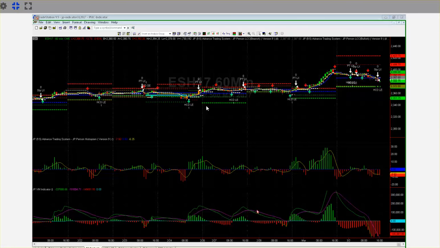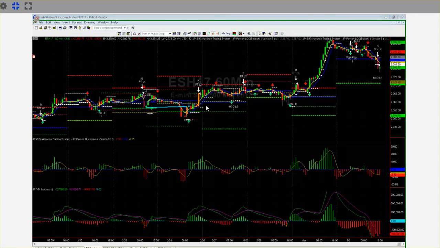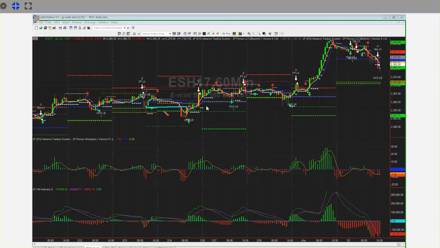So if you're a day trader, the daily pivots are going to be really instrumental in helping to define what the market condition is. Apart from yesterday, before we even opened, the market blew right through its daily pivots.